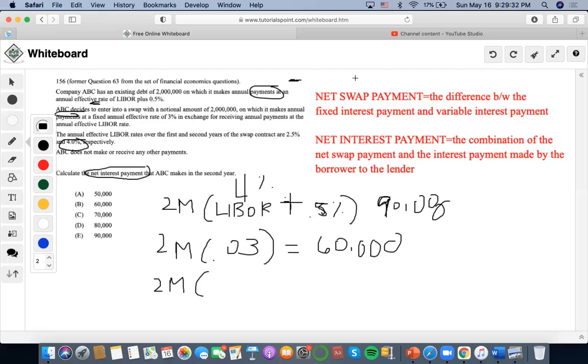Remember, R, fixed rate, and swap rate are all in the same bracket, and variable, floating, and LIBOR are all in the same bracket. So now, instead of multiplying 2 million by the fixed rate, we multiply 2 million by the LIBOR rate of 0.04, and we get 80,000, right?